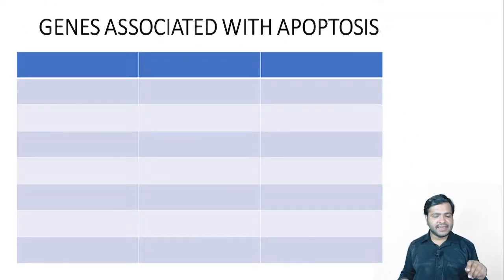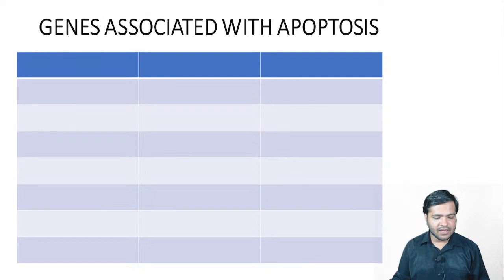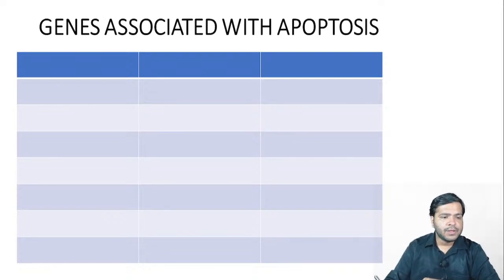Put the next heading as genes associated with apoptosis. Now guys, there are three types of genes, majorly two, and the one which is balancing this particular process.